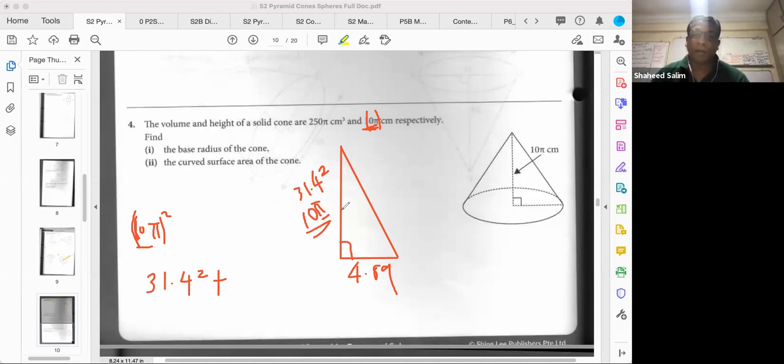Do you agree, first of all, that 10 pi is 31.4? Plus 4.89 squared. Can you put this value inside your calculator?